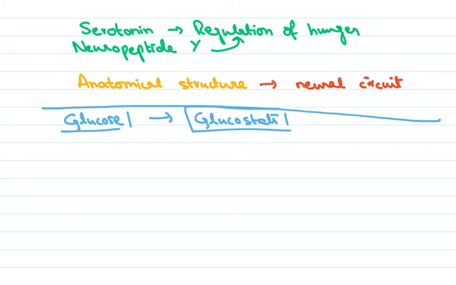They give the brain information regarding the amount of glucose that's present in the blood, and therefore, through this mechanism, we have the regulation of hunger.